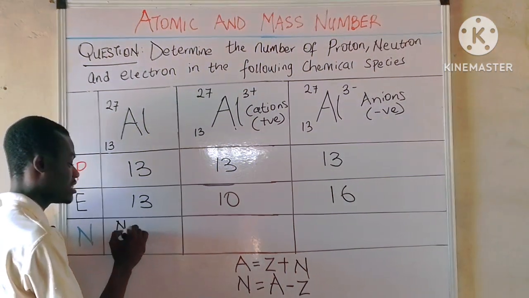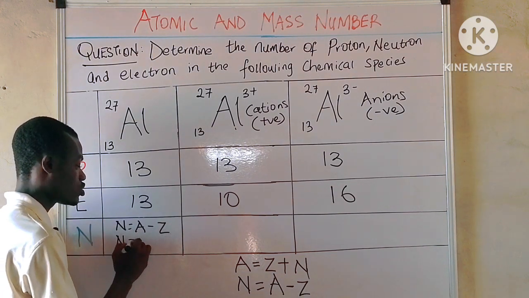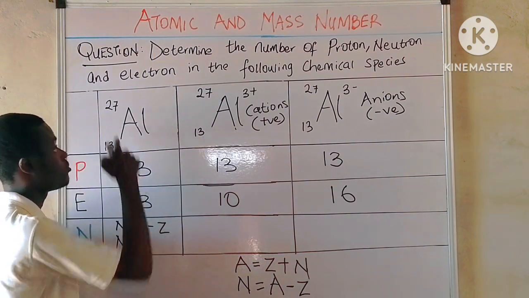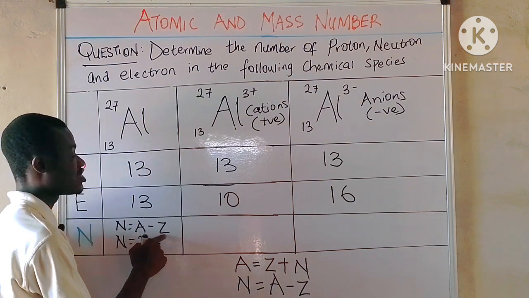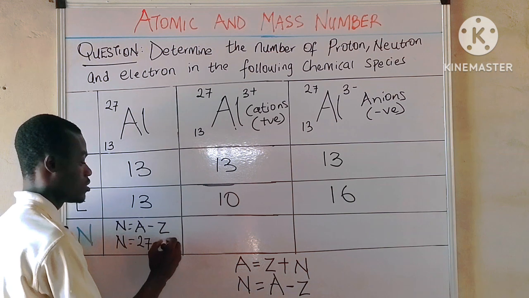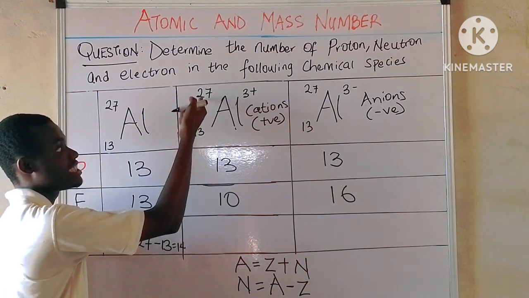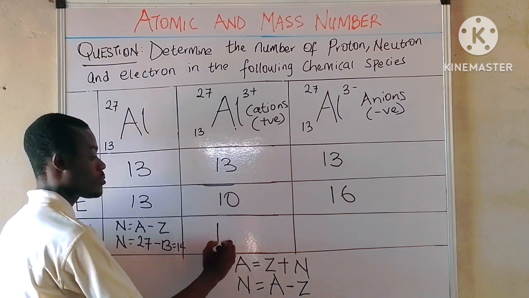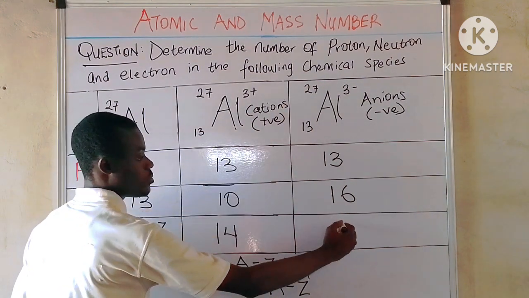So N is equal to A minus Z. N in this case is equal to our mass number from this question, 27, minus the atomic number, 13. So this will give us 14. The neutron number here is 14. Also for this question, 27 minus 13, the neutron number is also 14.